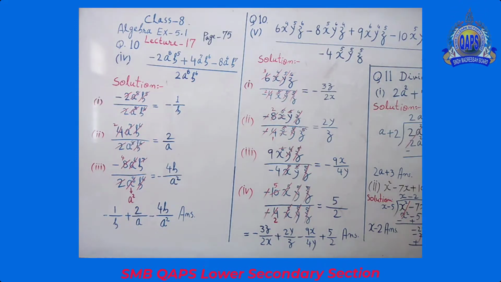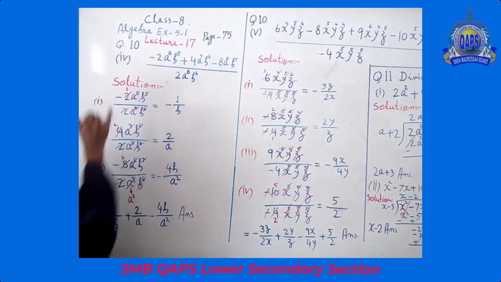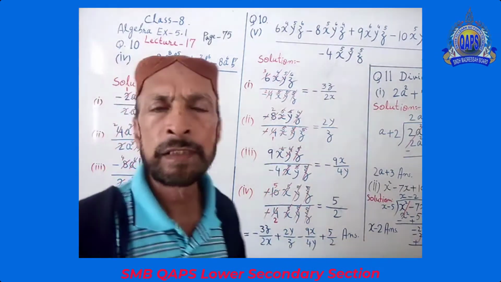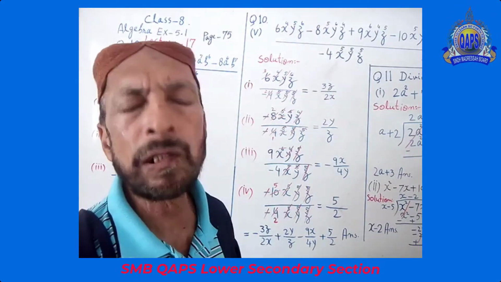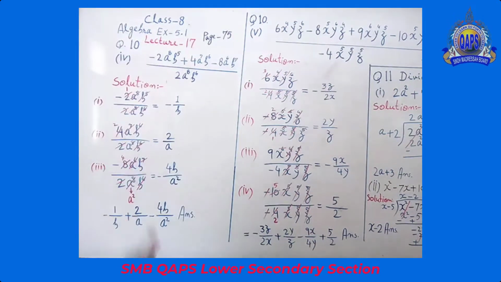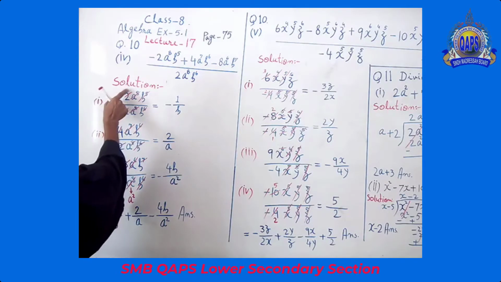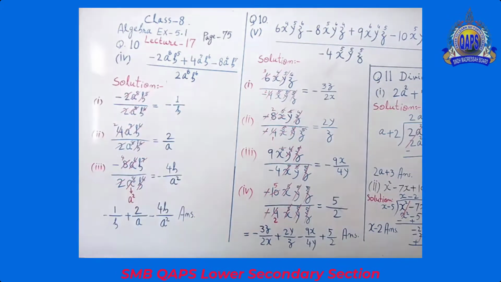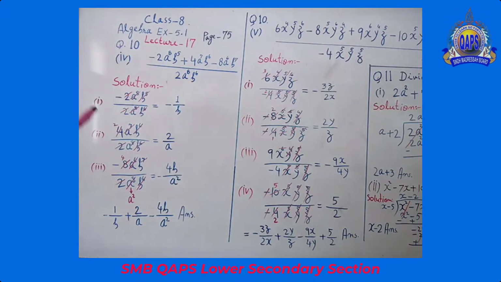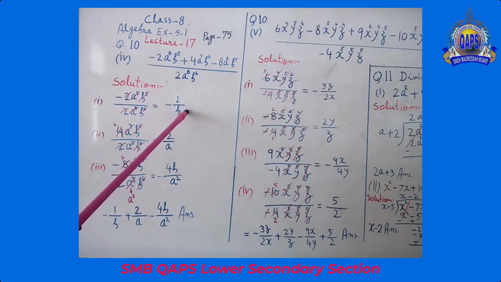Why 1? You see, 2 ones are 2, but usually we do not write 1, so I am not writing it. So the answer is minus 1 upon b.